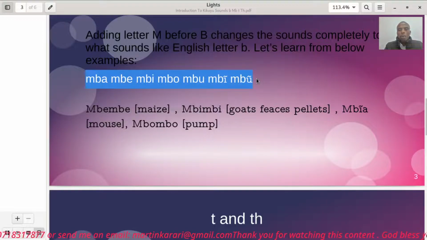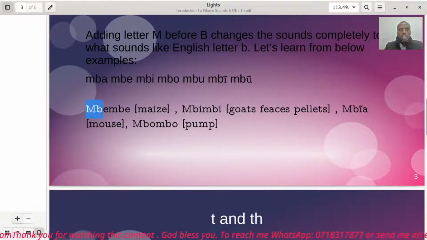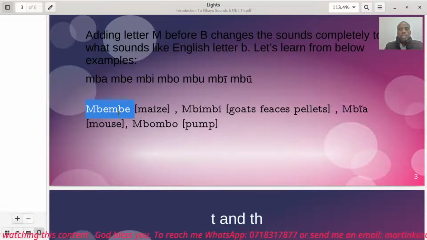Those are the sounds for letter M, B. So when you add M before letter B, it changes its sound from fa to ba. Okay? And examples of words that we can get are be, be. That is maize.